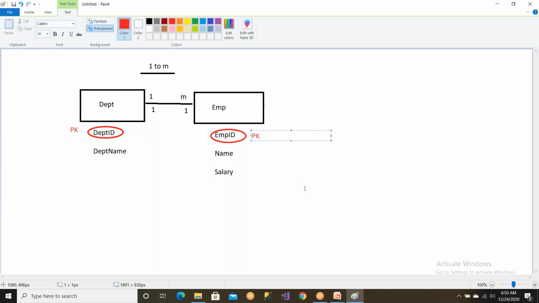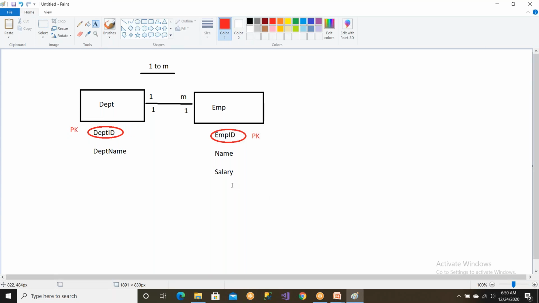Now, how can we create a primary key and foreign key relationship? First identify which is the parent table. Wherever you have one, that table is called the parent table. Wherever you have M, that entity is called the child entity.